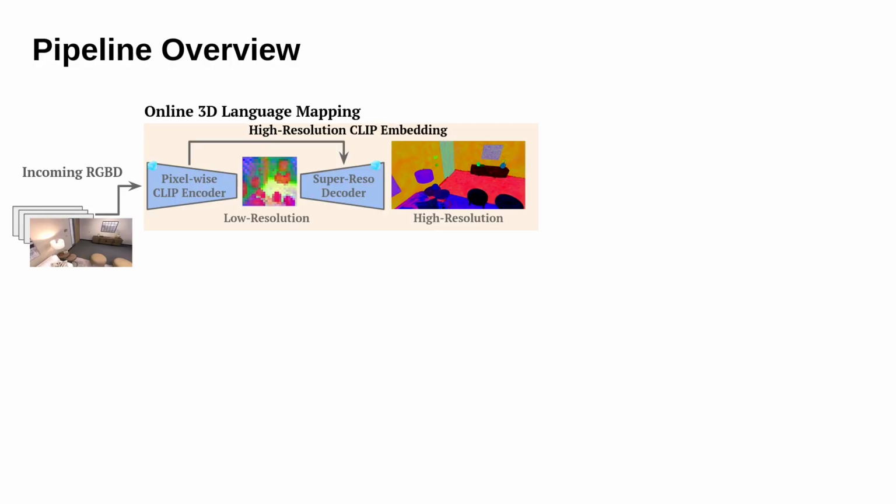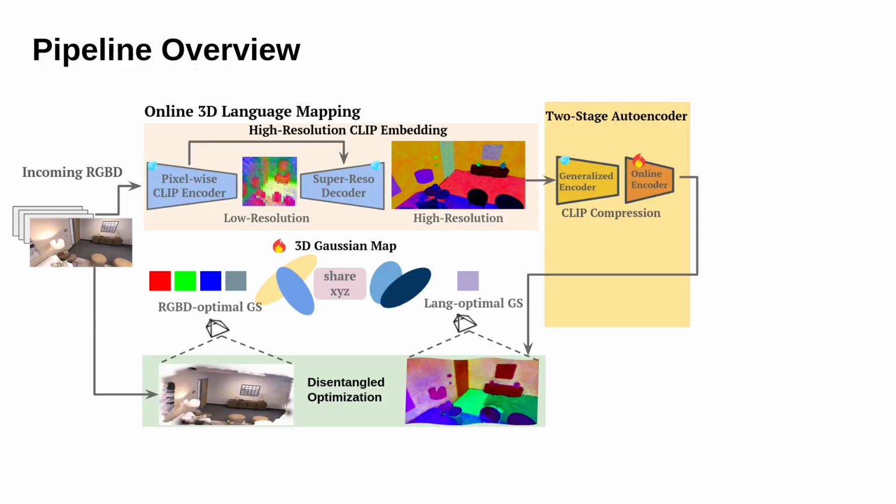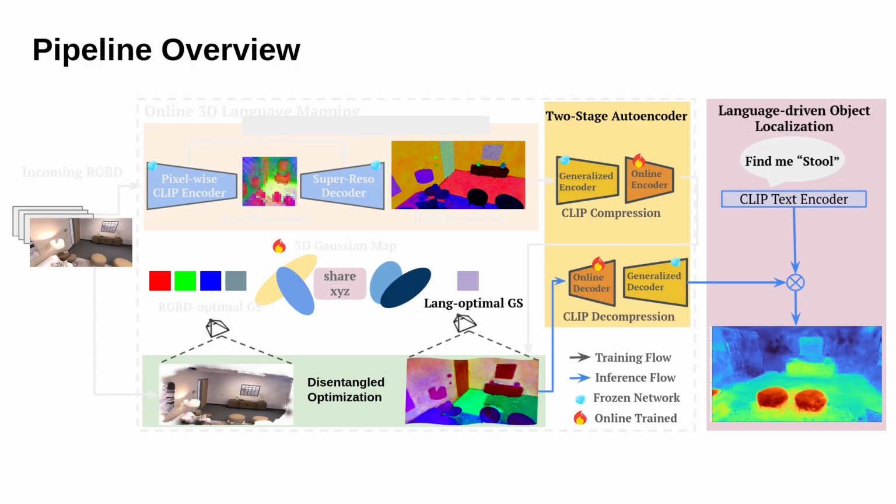We now describe the overall pipeline. RGB images are passed to the pixel-wise CLIP encoder to produce pixel-wise language maps, which are then upsampled by the super resolution decoder to produce dense and high-quality feature maps. These are then compressed to a lower dimension using a two-stage encoder in an online fashion, and the low-dimensional code is embedded into the Gaussian mapping, where language and color are optimized using our disentangled optimization strategy.